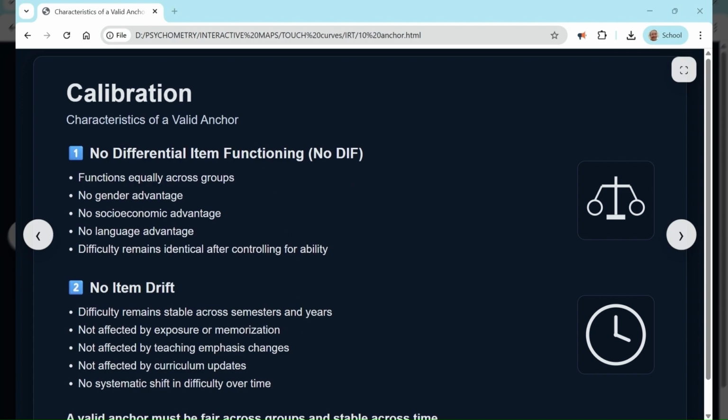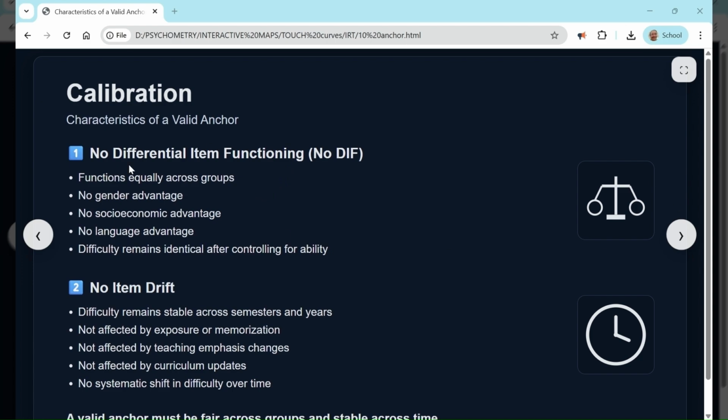When we choose anchor questions, which are questions repeatable across tests, we need to be careful because they are the ones we will depend on for equating our abilities and our difficulty items. They are the pivot of equating. They determine the equating process.